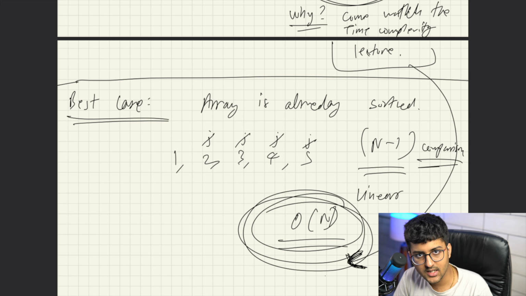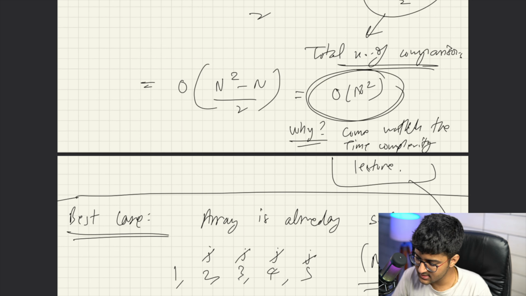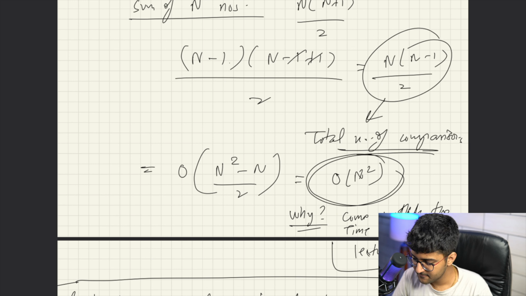In the best case, when it's already sorted, at max it will make 999 comparisons. In the worst case, it will make something around 1000 into 999 divided by 2 comparisons. So as you can see, as the size increases, comparisons also increase. But don't worry about it. Right now, just focus on the number of comparisons.